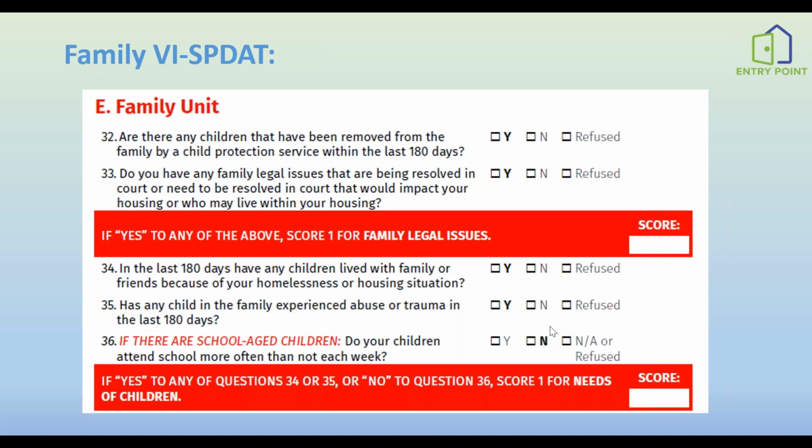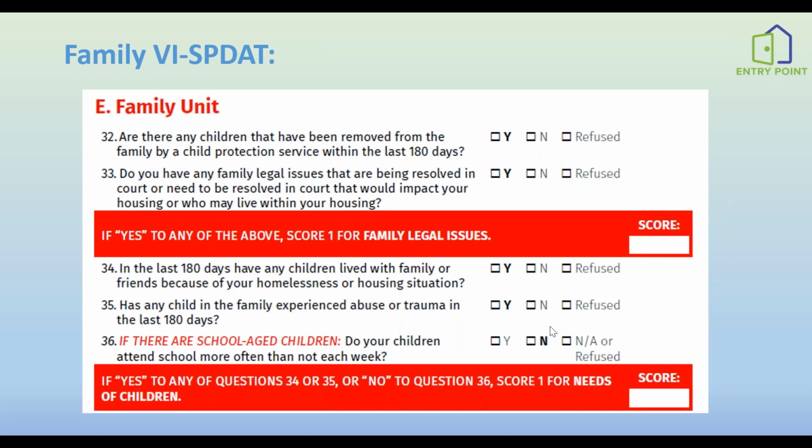But ultimately, that is their family. They intend to be housed together. And even though we may never see those little kids, this family VI SPDAT might be our first opportunity to start reckoning with the fact that this is a family and the folks need to be housed together, and we need to consider all of their barriers, challenges, and so on.